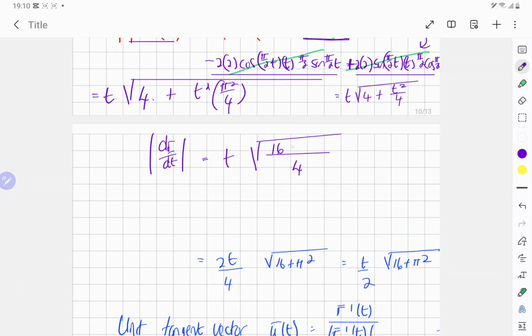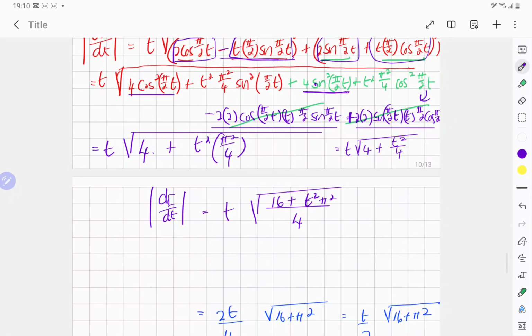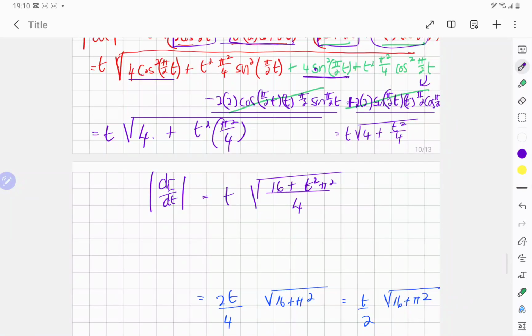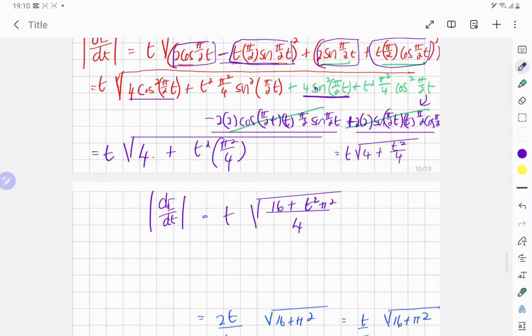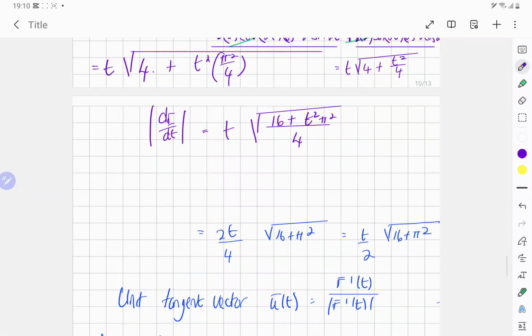So I have 16 plus t squared pi squared. So for that part, very important. Just make sure you have familiarized yourself with all my steps that I've done.